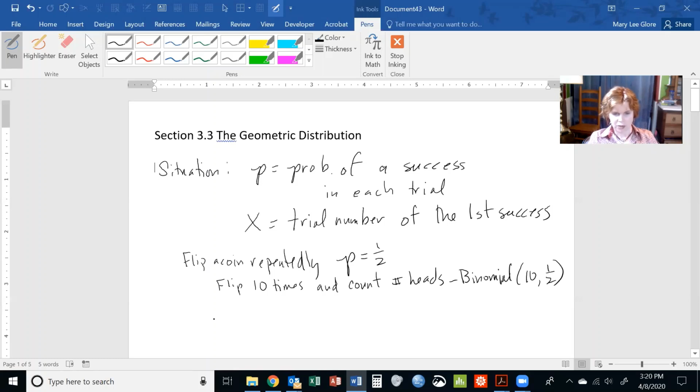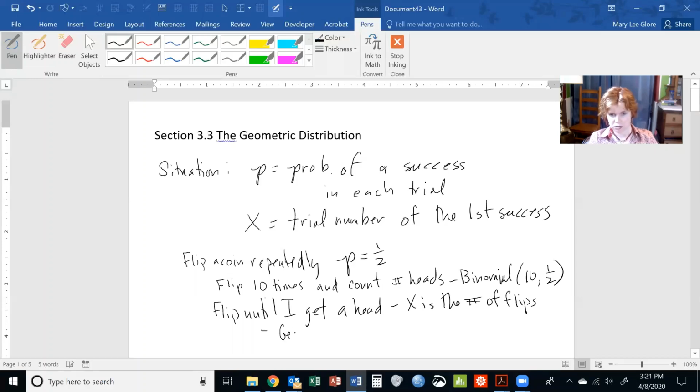But if instead I flip until I get a head, and here X is the number of flips, in this situation I have a geometric distribution with parameter 1/2.